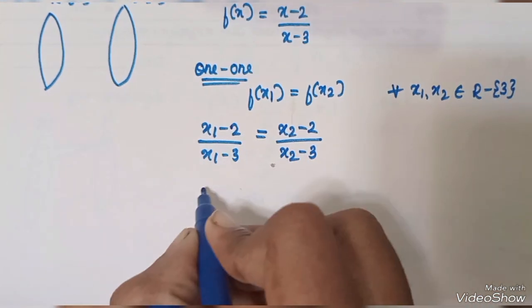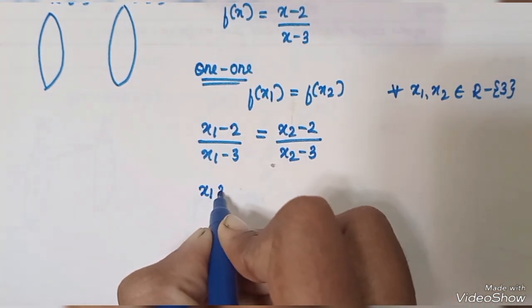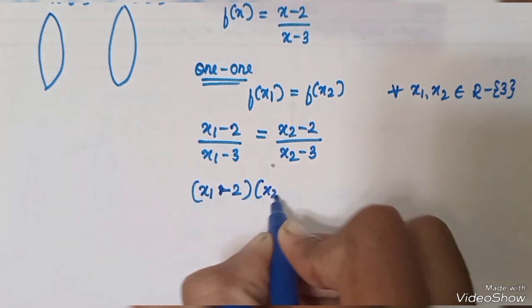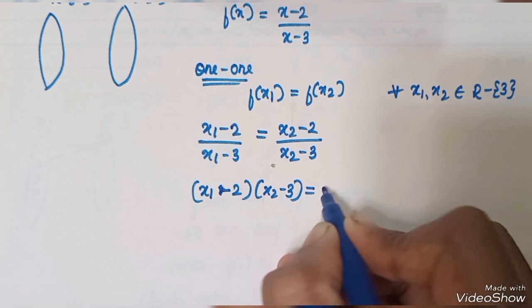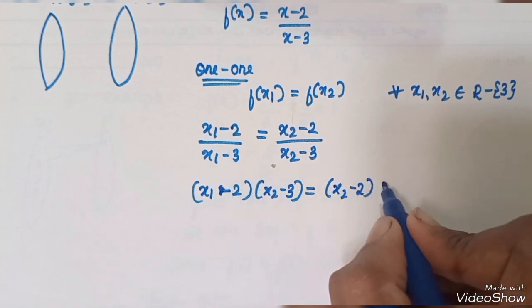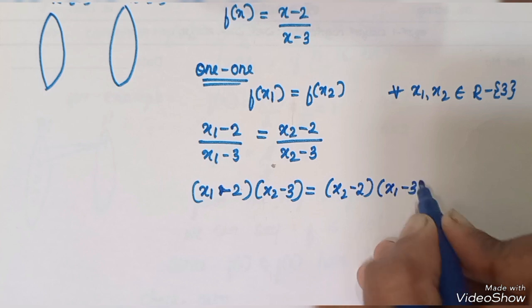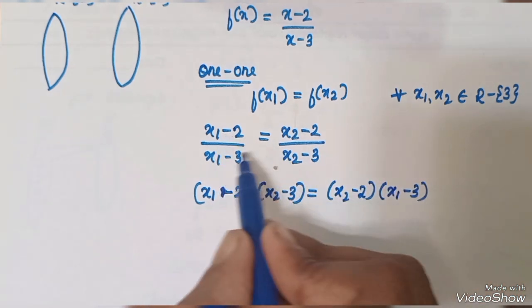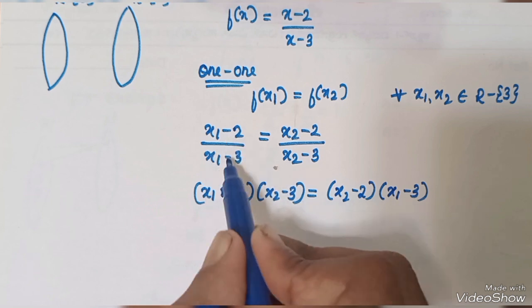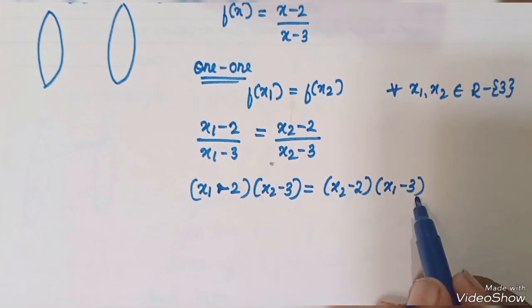Cross multiply: (x1 - 2)(x2 - 3) = (x2 - 2)(x1 - 3). I have taken cross multiplication: x2 minus 3 taken here and x1 minus 3 taken here.